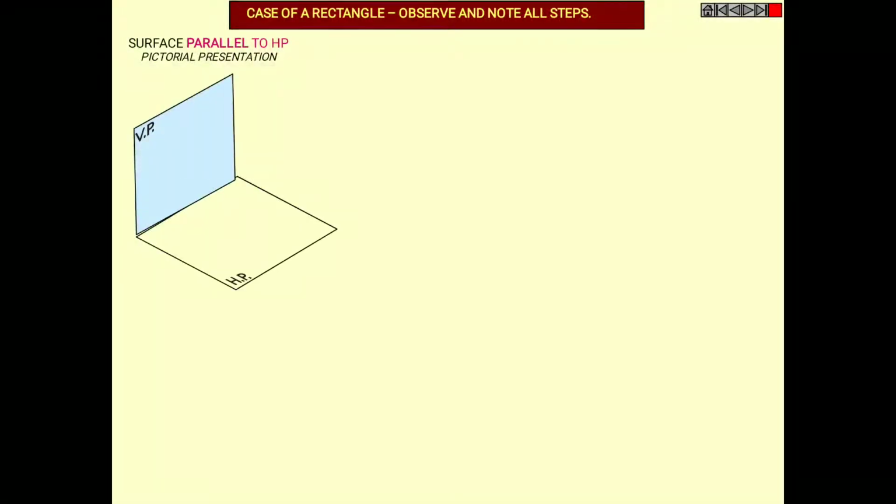So the case of a rectangle, observe and note all steps. First, a surface parallel to HP. We'll see the pictorial representation. As we know, this is your vertical plane and horizontal plane, which is shown over here.